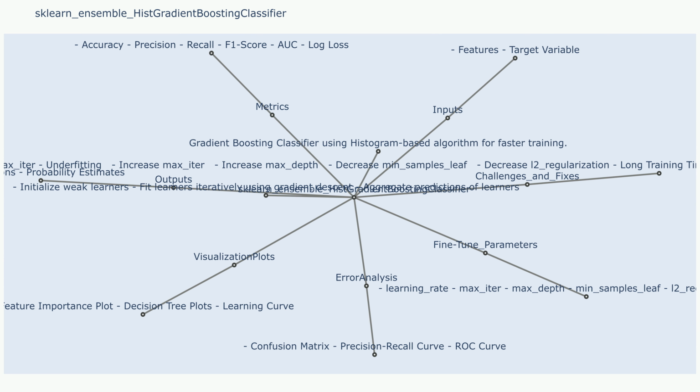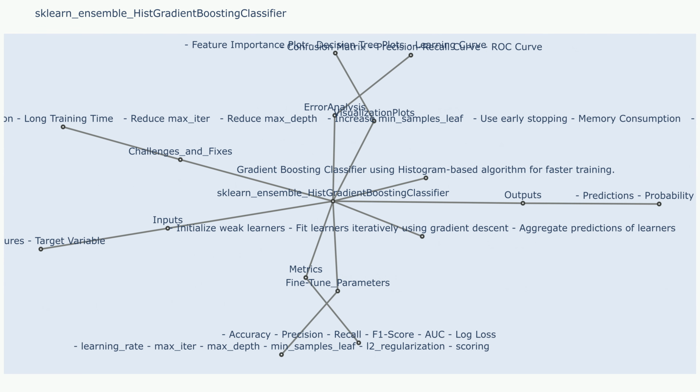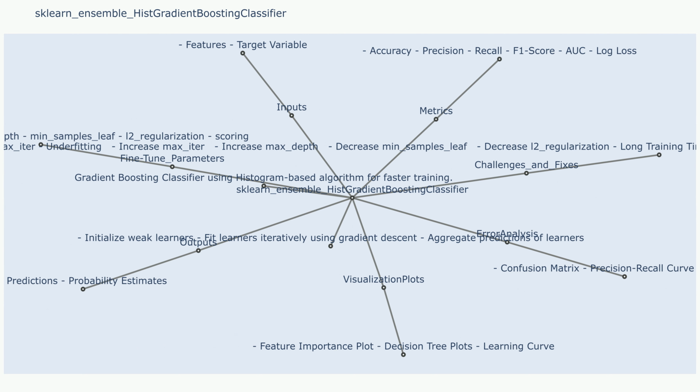Max depth sets the maximum depth of each individual decision tree. Deeper trees can capture more complex relationships but may be prone to overfitting. Min_samples_leaf defines the minimum number of data points required in a leaf node of a tree. This helps prevent overfitting by ensuring that each node has a reasonable amount of data.